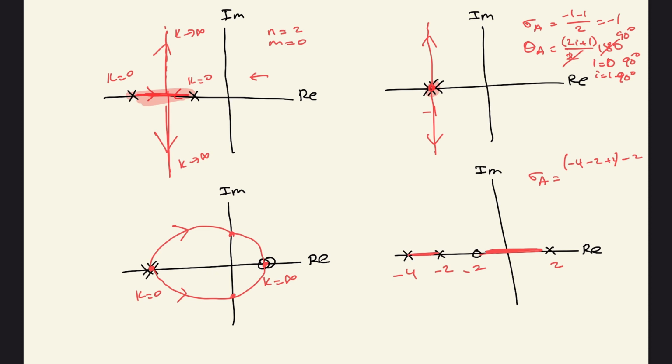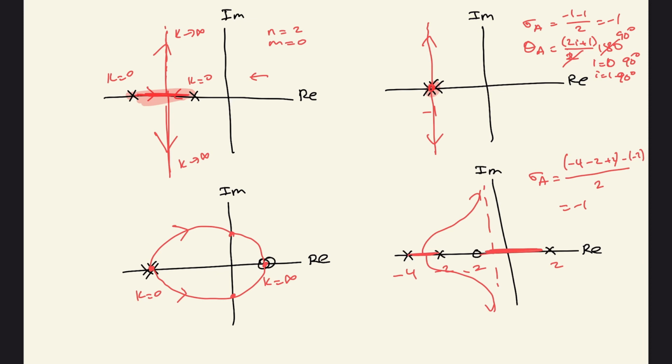Let me quickly correct this. Minus 2 divided by n minus m, which is 4 minus 2, equals 2, so you have minus 1. So basically they will intersect at this one. One goes up, one goes down like this.